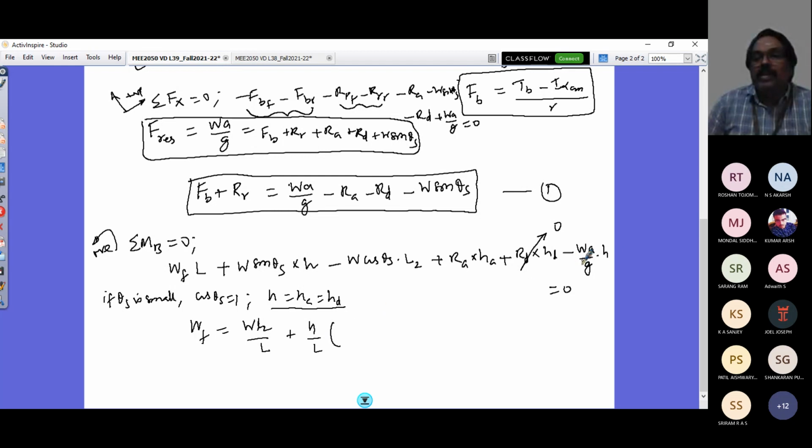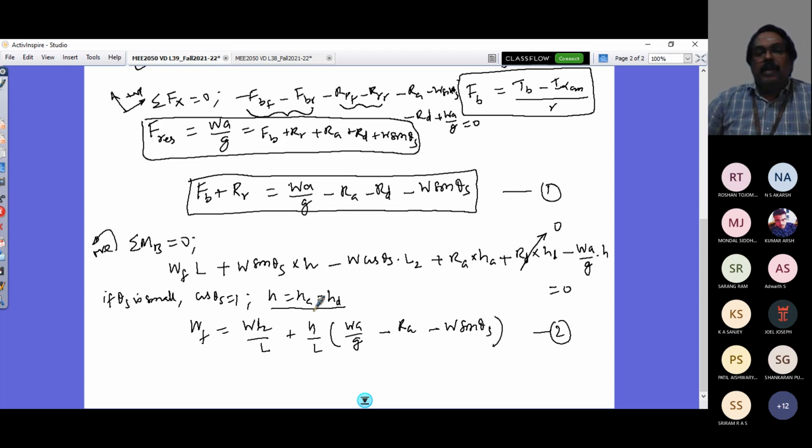So this goes on that side, so this is a positive term, WA by G. And here RA goes on that side, that's negative, so RA minus, this is also going on that side, so W sine theta S. So this is my second equation, and that gives me WF.